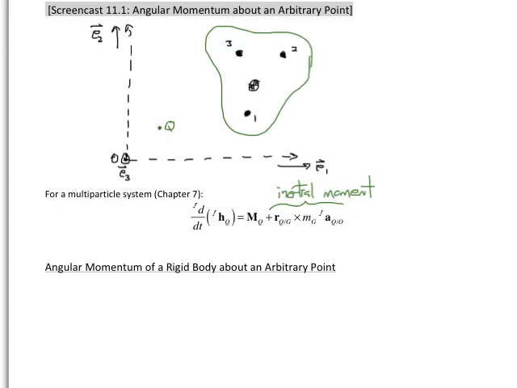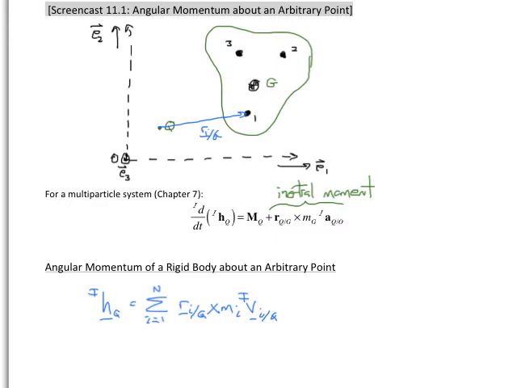We did this by just saying the angular momentum about point Q is equal to the sum from 1 to n, in this case 1 to 3, of r of i with respect to Q crossed with the mass of each particle multiplied times the velocity with respect to Q. And so this is where we have our position vectors of r of i with respect to Q, and then the velocity of i with respect to Q would be the time derivative of each of those position vectors.